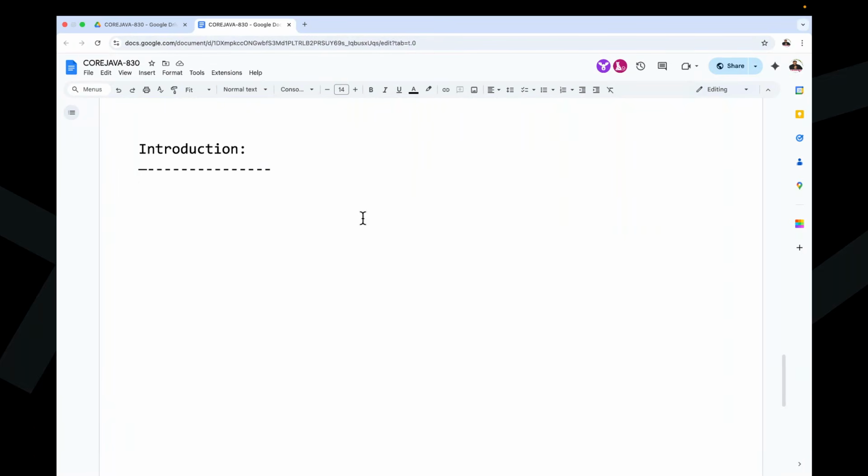What we are going to discuss in core Java inside this introduction part: the first one is differences between Java and others. Here, others, from my point of view, means C and C++. This is the topic we are going to understand, differences between Java and others.